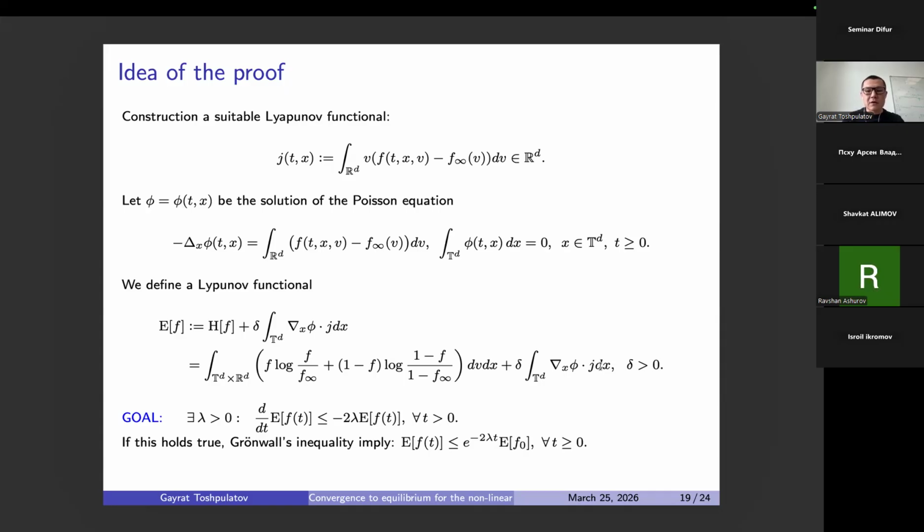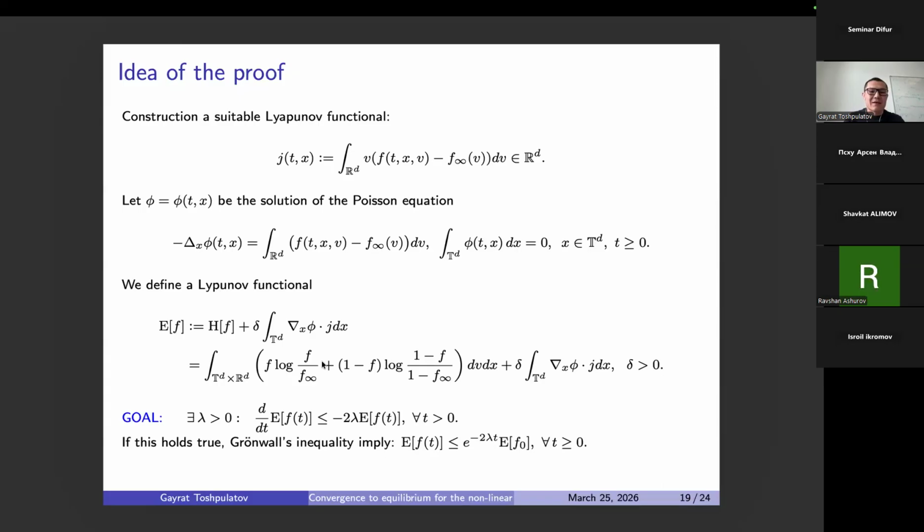If delta is small enough, then you have this inequality, and use Grönwall's inequality. The idea is very simple, but the problem is the construction of this functional. The idea may be simple, but to find the phi and to find this E, E capital, satisfying this inequality is a big problem. It's a lot of trial and error, I think.